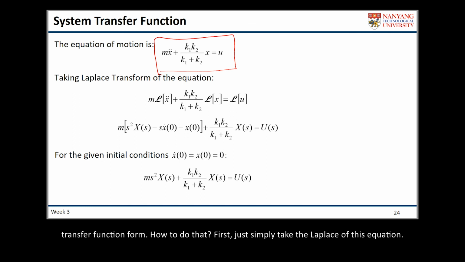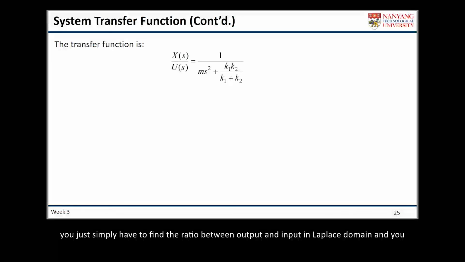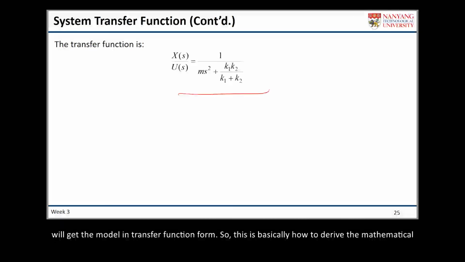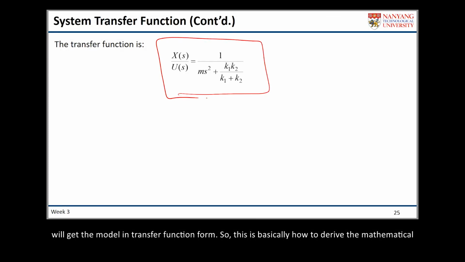How to do that? Of course, just simply take the Laplace transform of this equation. You Laplace transform both sides, the left side and the right side. After that, you take a zero initial condition. Then you just find the ratio between output and input in the Laplace domain, and you will get the model in transfer function form.